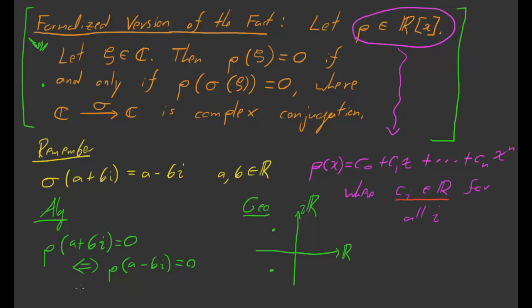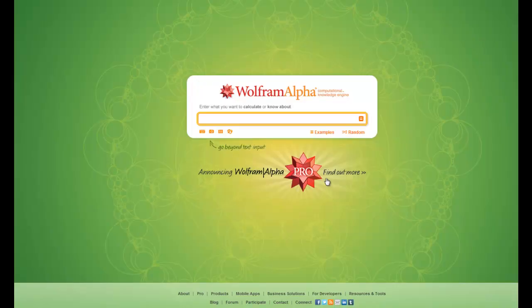So let's look at a few explicit examples and see whether this is actually true. Let's see whether the claim actually holds in practice. So let's go to Wolfram Alpha, and we'll ask it to compute the roots of some random polynomials for us. So maybe we'll put in some polynomials that we like and see what the roots are.